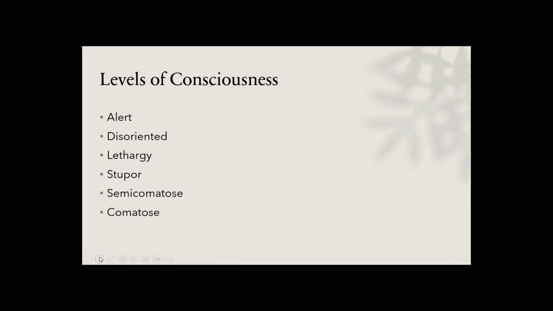Again, this is based on arousal and awareness. So obviously, if they're alert, that's the highest level of consciousness. Comatose is the lowest level of consciousness. Each of these, regardless of what your book uses, is usually going from awake to not responding at all.